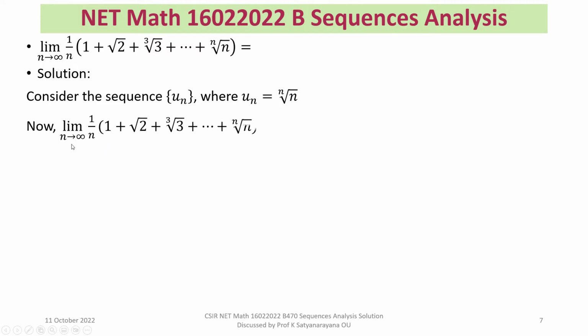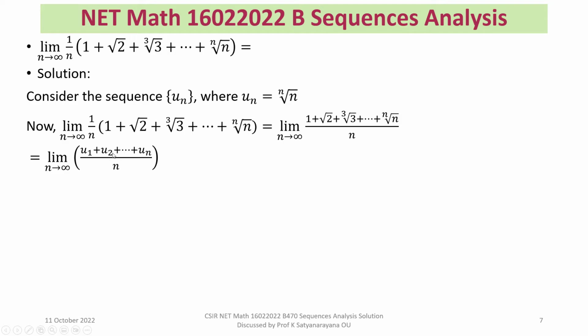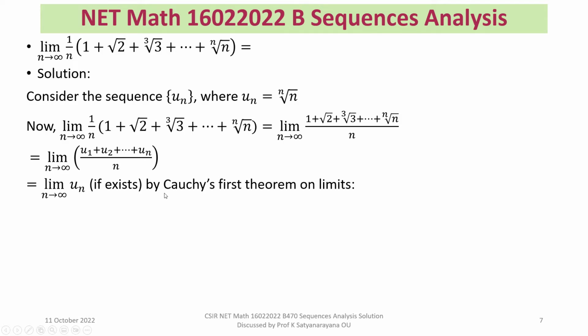Then this limit is the limit n tends to infinity of (u1 plus u2 plus so on plus un) by n. This will be equal to limit n tends to infinity of un, if it exists, by Cauchy's first theorem on limits.